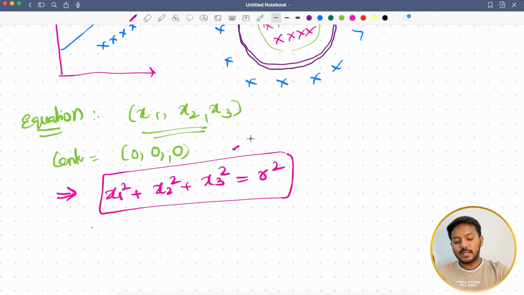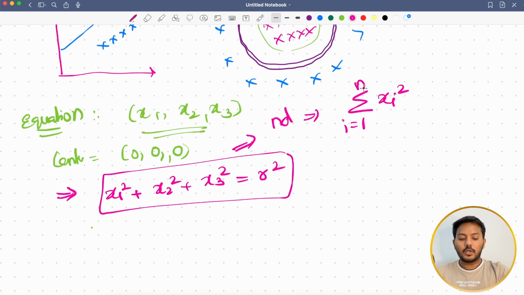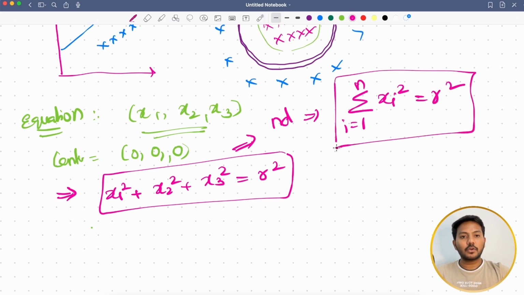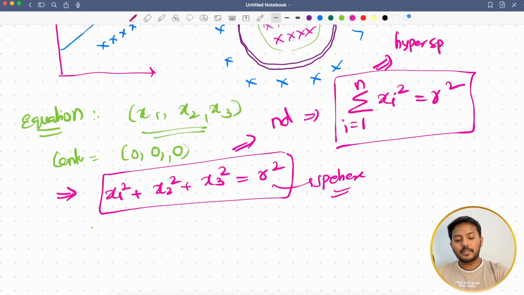If I generalize for n dimensions, this would be sigma of xi square, i equal to 1 to n, is equal to r square. This is my equation of a sphere in 3D, and in n dimensions we call it a hypersphere.